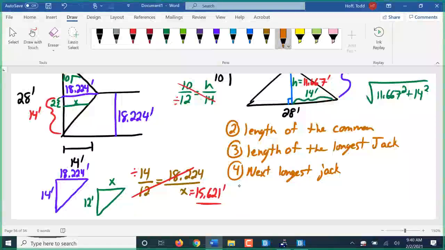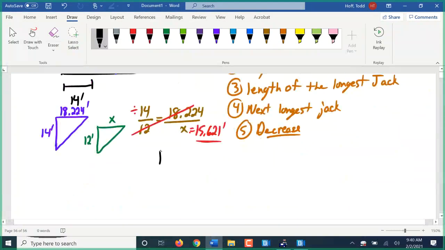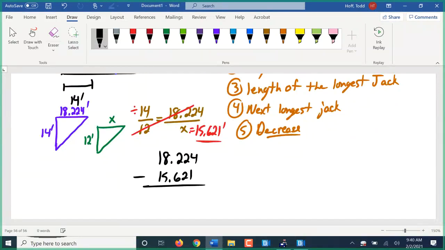And of course, our last step is to find the decrease. So the decrease is simply subtraction. 18.224 minus 15.621 is 2.603 feet. And we'll write that out in feet, inches, and sixteenths.